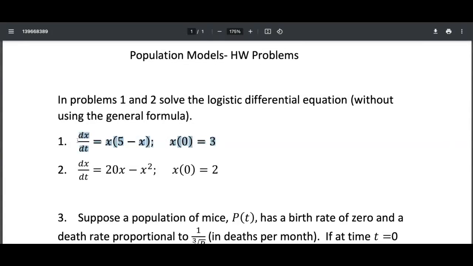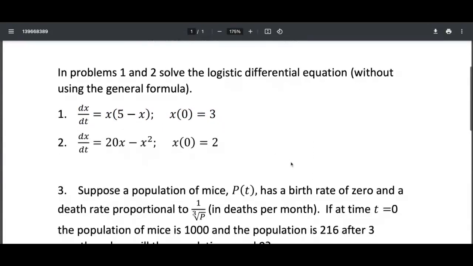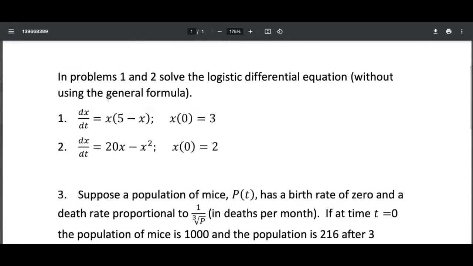This is just pure mathematics, so we can do either one. This is saying use the general formula, right? The general formula assumes M greater than P. Let me check. Logistic equation.